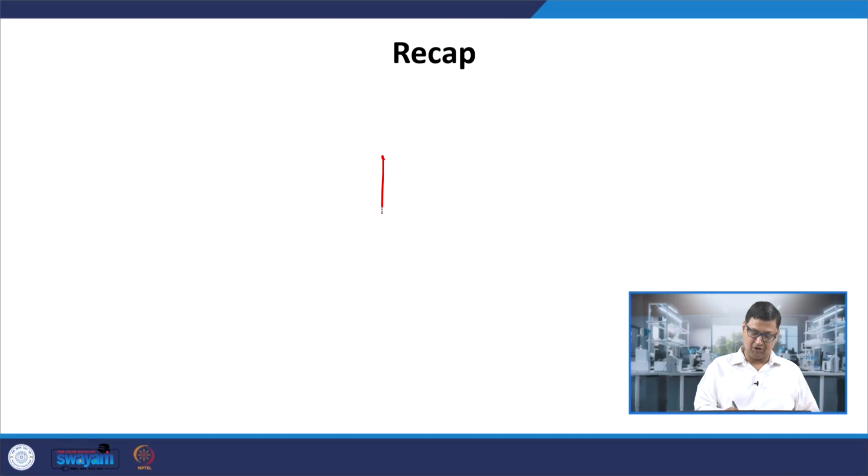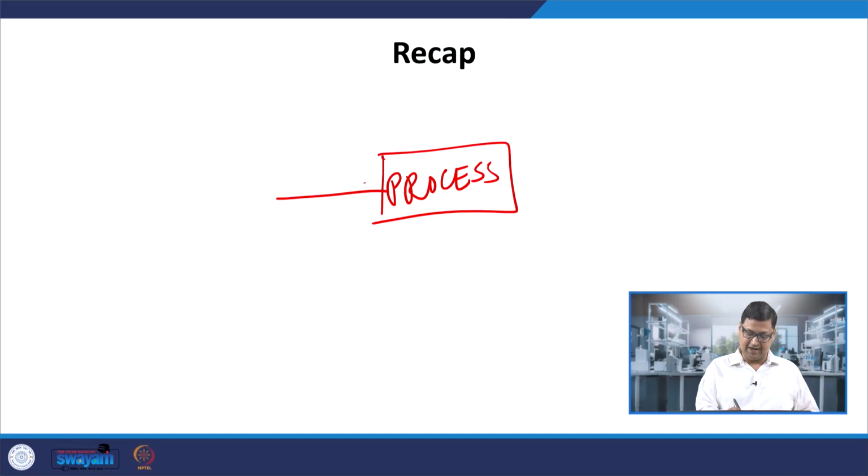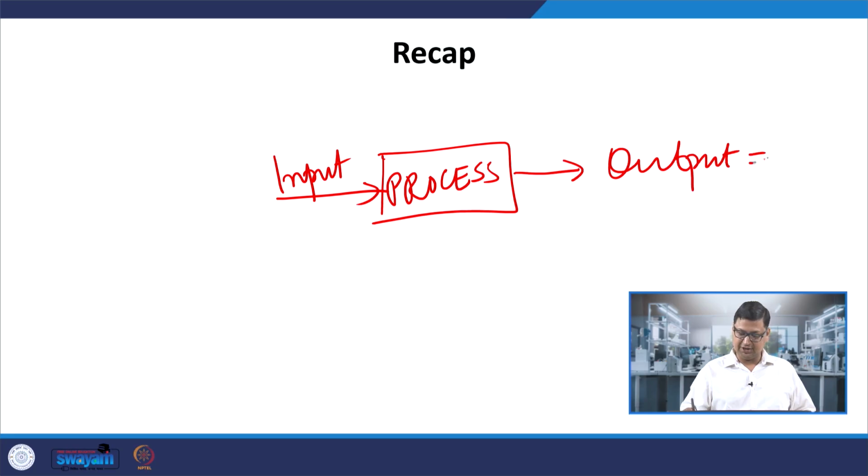So, just to quickly recap, we have so far discussed in this course what chemical engineers do and what we mean by modeling, right. I gave an example of a process which may have an input and output, and the key thing is that the output has to be a function of the input, which I called the actual response of the process.